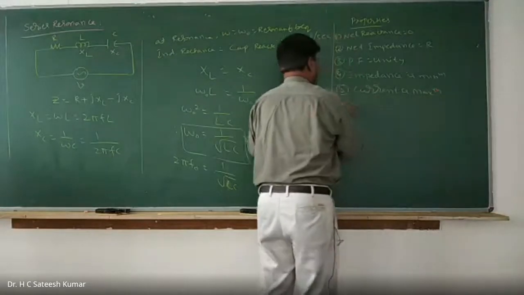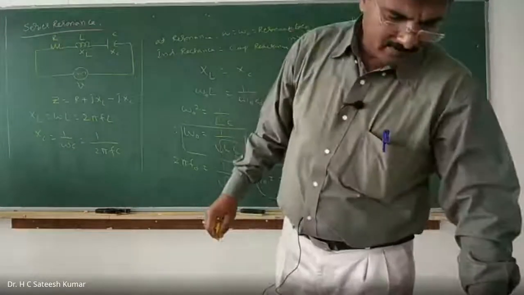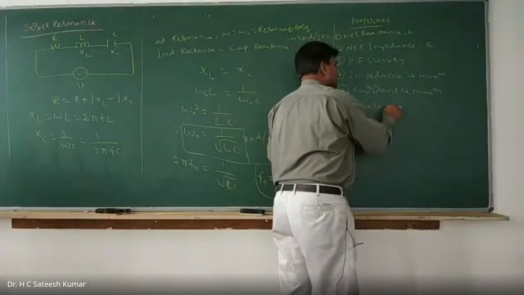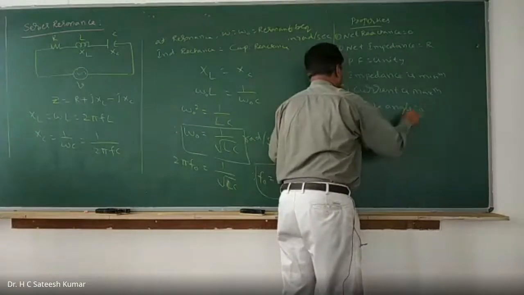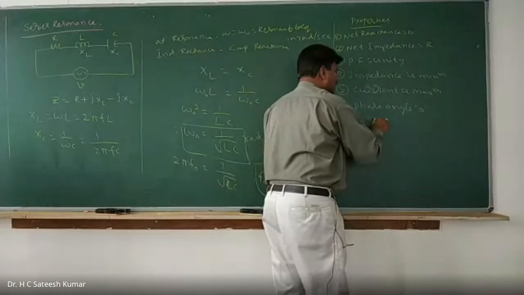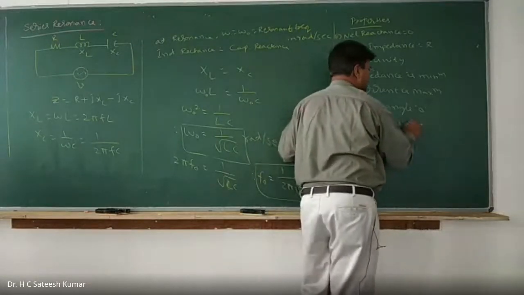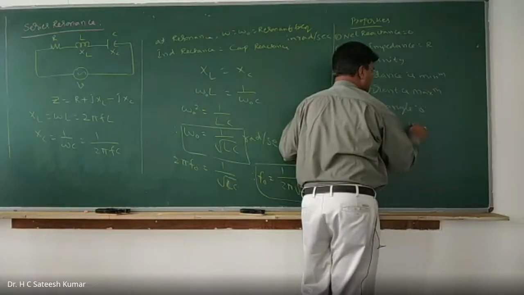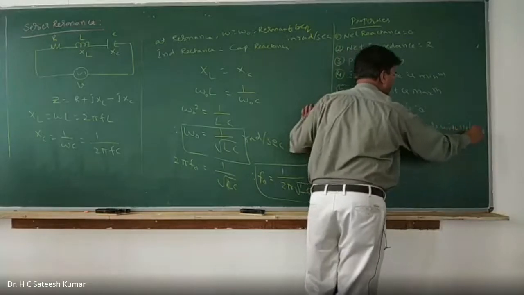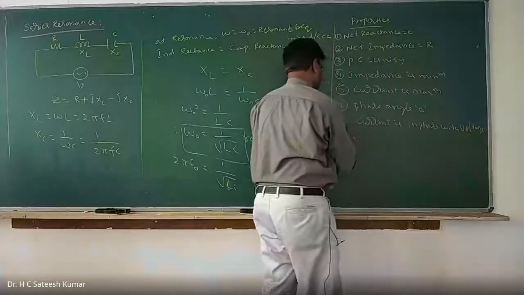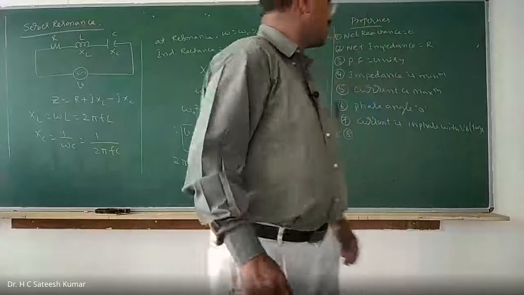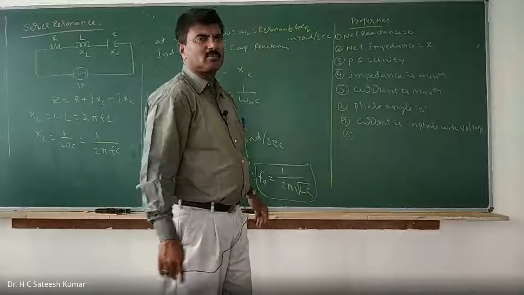Okay, right. Next, sixth one. Current is maximum. What about the phase angle? Phase angle is 0, or we can write it as, current is in phase with voltage. If the current is maximum, power transfer is also maximum at resonance.